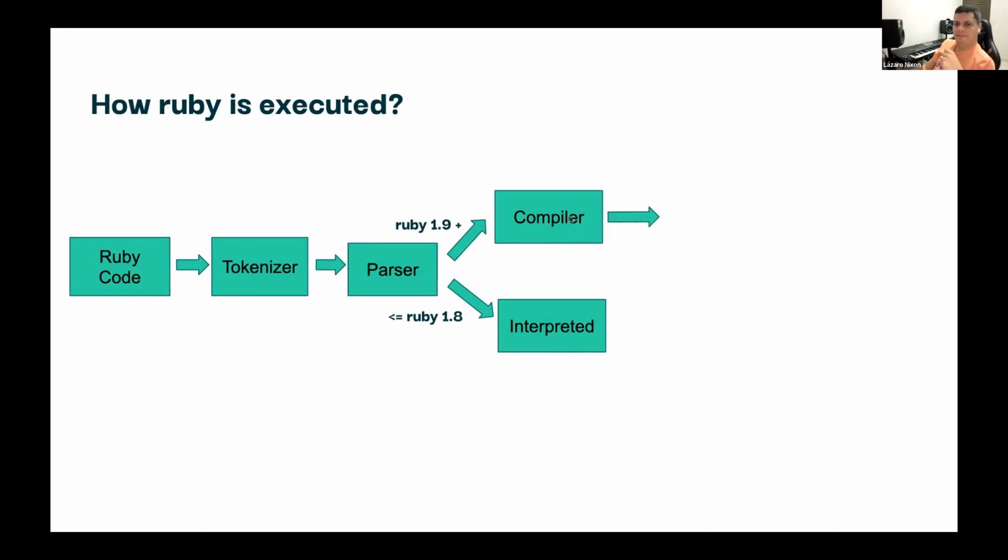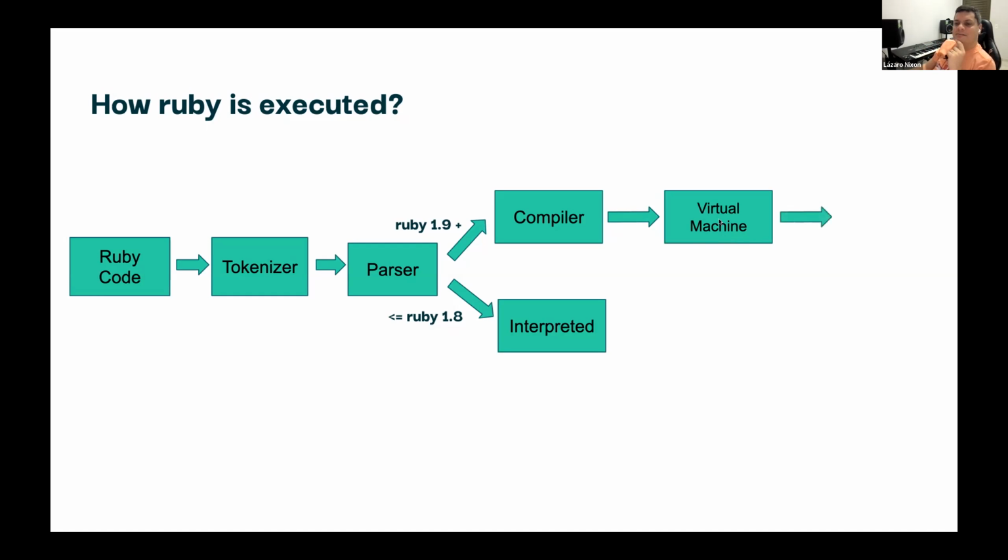So when it's passed to the compiler, we'll have something called bytecode. Yeah, it's the same bytecode as Java. And this bytecode is interpreted by a virtual machine. The Ruby virtual machine is called YARV, and the acronym is yet another virtual machine.